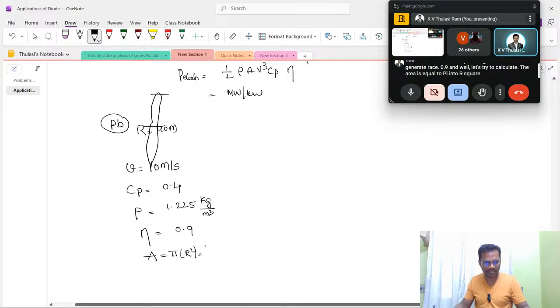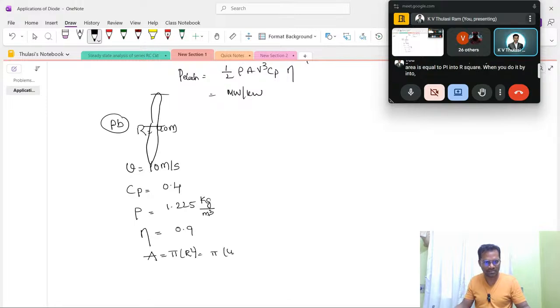Pi into 40 square gives 5026 meter square.